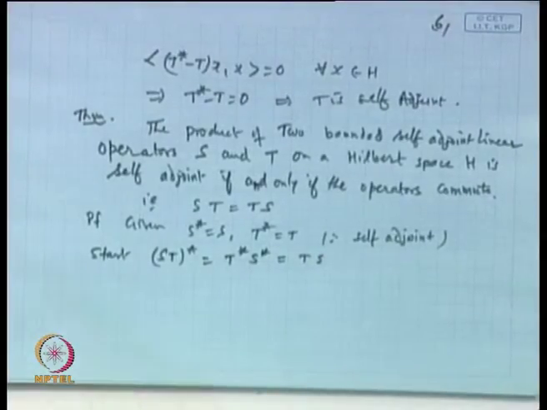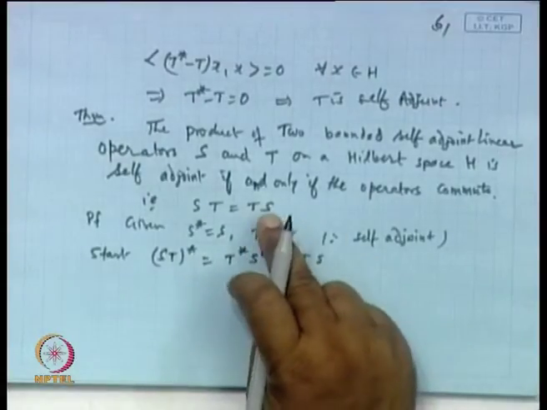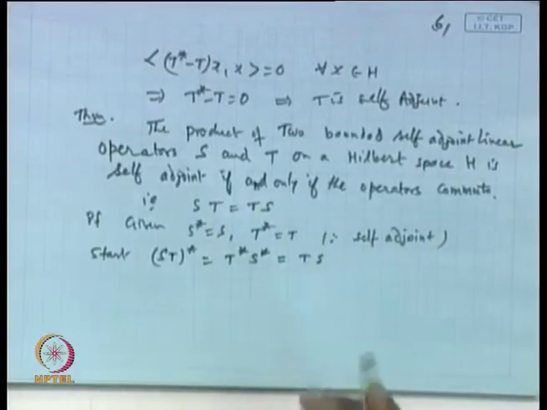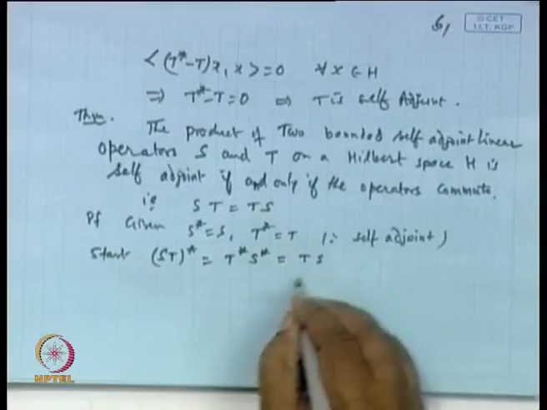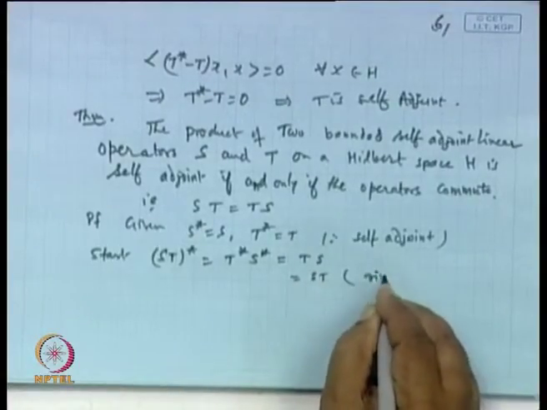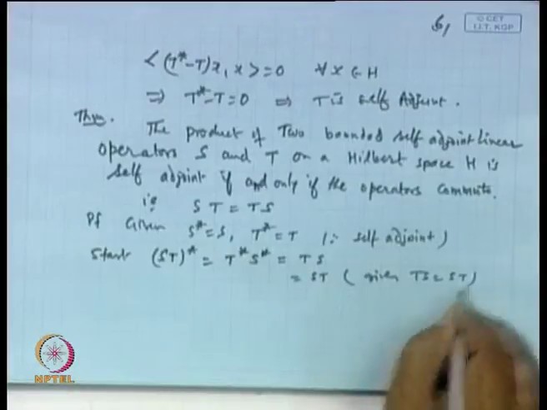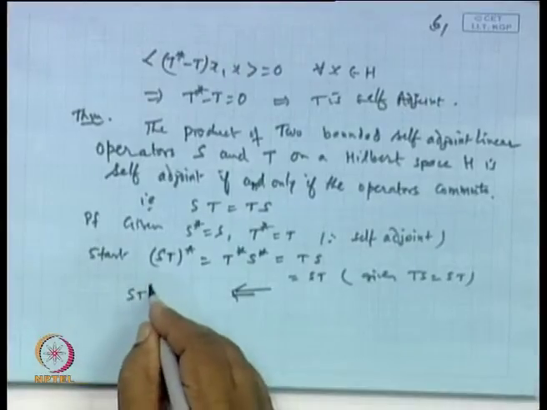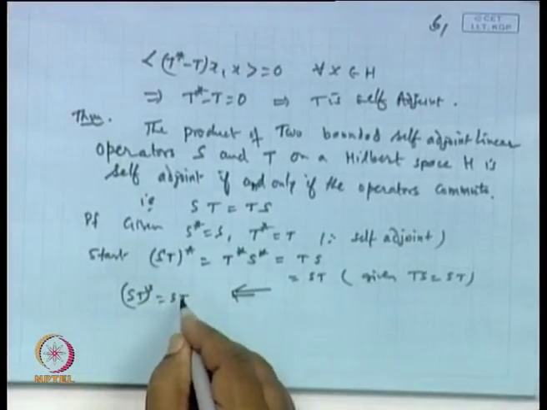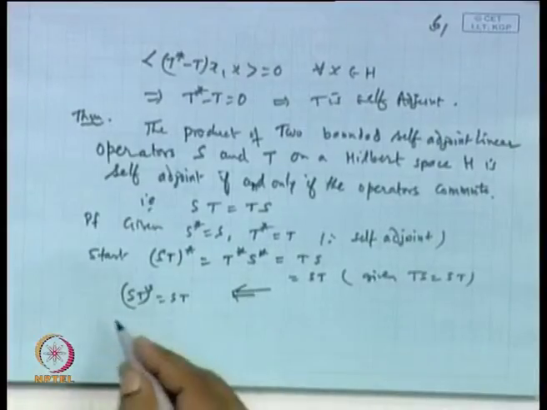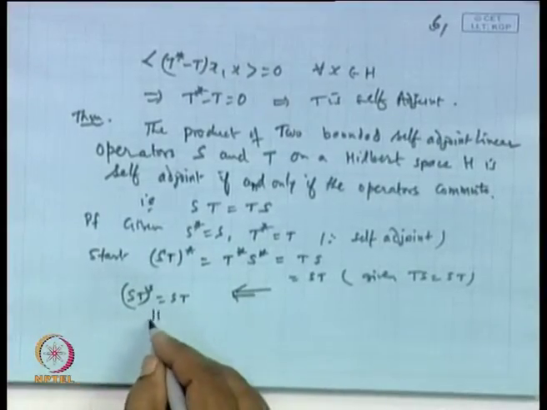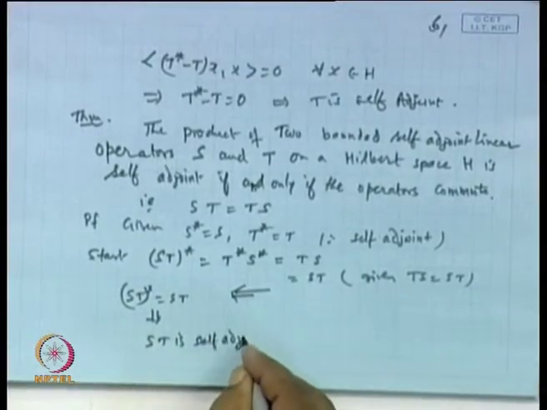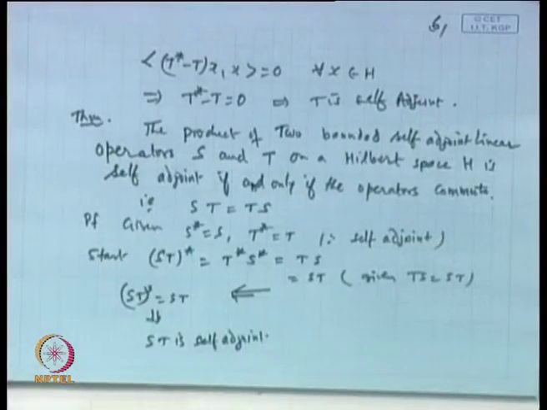Now, if we assume that TS equals ST, then (ST) star equals ST. Is it not? And that will give you the solution that ST is self-adjoint.